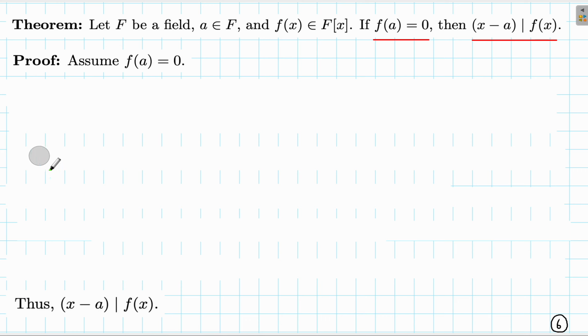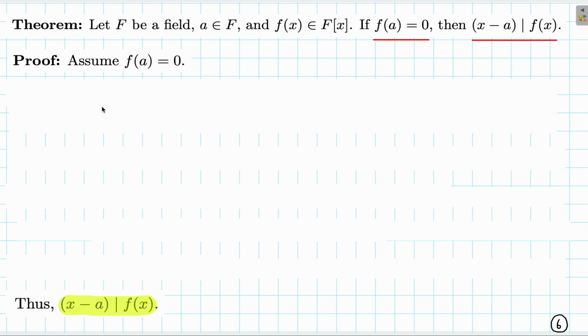Now, to show that x minus a is a factor of f of x, we will use the proof know-how from the previous slide. In other words, we'll try to divide f of x by x minus a, and then show that the remainder must be 0.